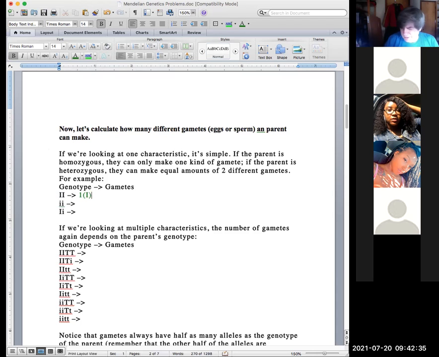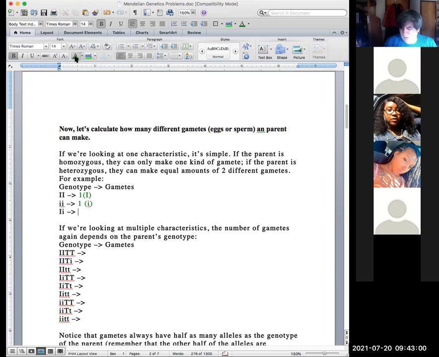If you think about it, all their gametes will be big I. That was for somebody who's homozygous dominant. If somebody's homozygous recessive, it's exactly the same. They can only make one gamete. The only difference is all their eggs or sperm carry little i instead of big I.